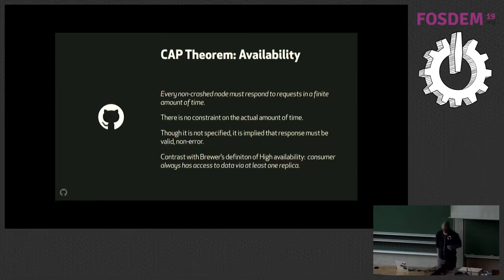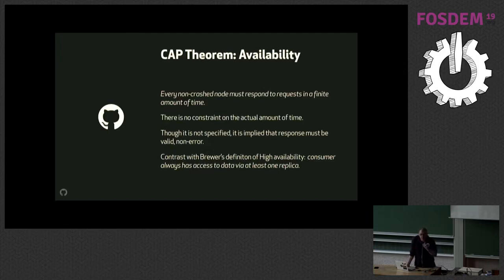It must respond to the request which we sent. Okay? And another last thing to note, because this is a mathematical definition, every non-crashed node must respond to requests in a finite amount of time. What we have in math is something true in an empty way, or true in an empty statement. According to this definition, a database system where all the nodes are crashed is available.